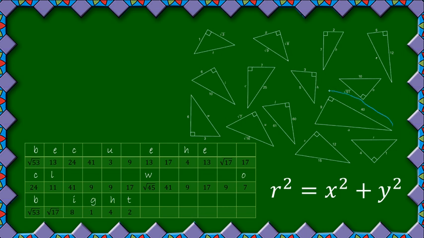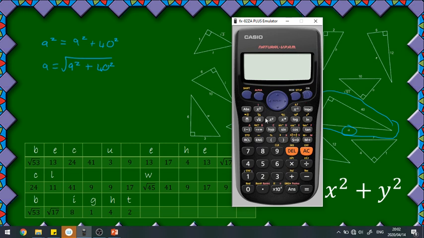Then let's do this triangle, and that's an A, and it's the long side. So we've got A squared is equal to my two shorter sides added together, 9 squared plus 40 squared. So A is the square root of 9 squared plus 40 squared, so this gives me the square root of 81 plus 1600, and that's 41.